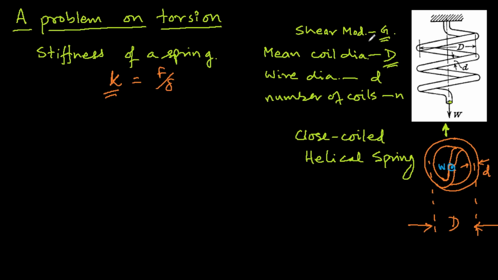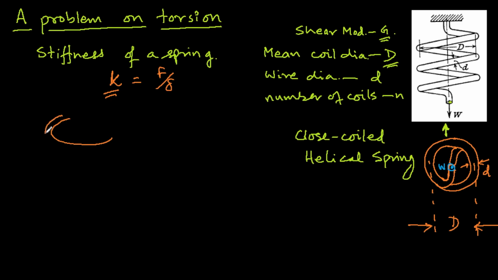For that, what we need to do is recognize that this problem can be approximated as pure torsion. Why so? Now look at this end. This end can be thought of as, I'm just drawing the end portion, like the wire has come like that.